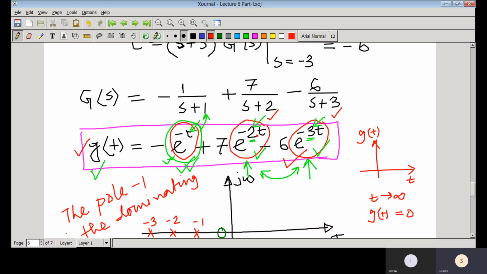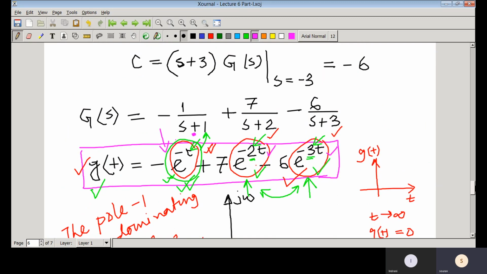As 2 and 3 are greater than 1, the second and third terms will die out quickly compared to the first term. In other words, in the transient response the effect of the first term is more prominent, and the first term is associated with the pole -1.